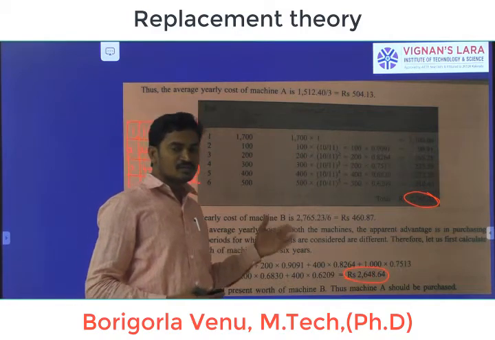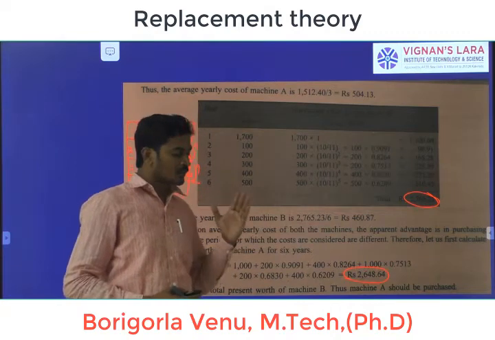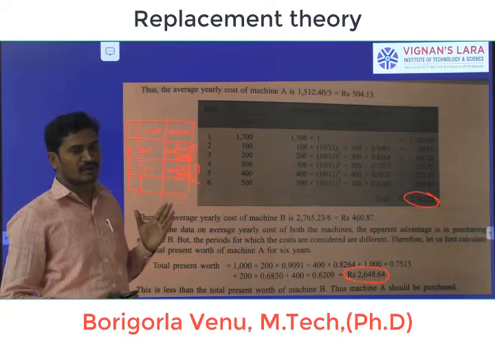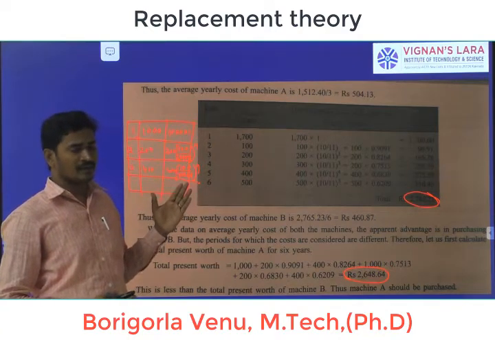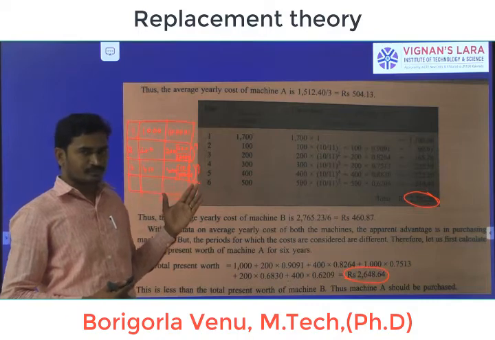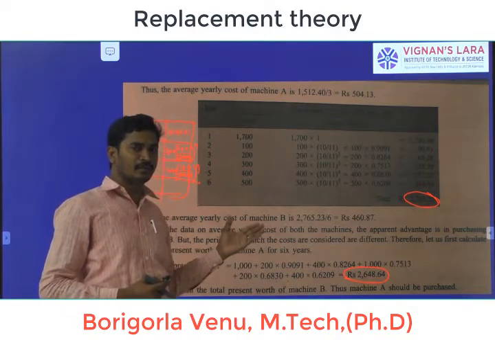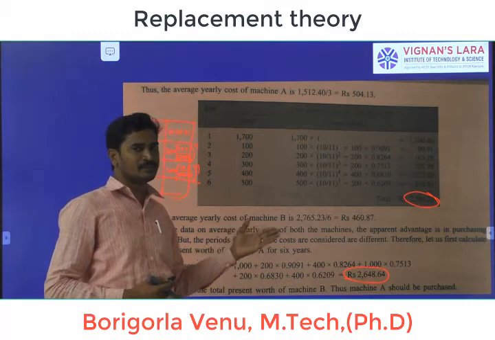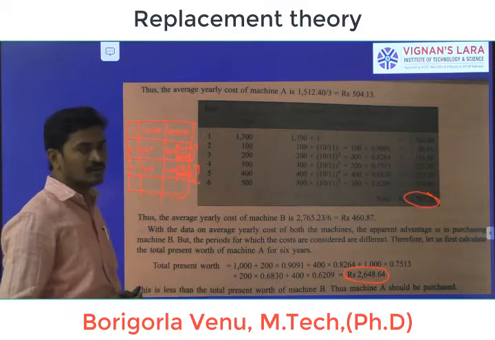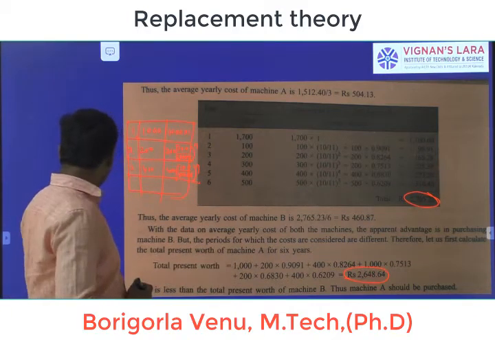From this we are going to choose machine A as the better one. If we consider 3 years of cost values, we are going to replace with machine B. But if we go for 6 years, we are going to purchase machine A, because the present worth factor is low compared to machine B.